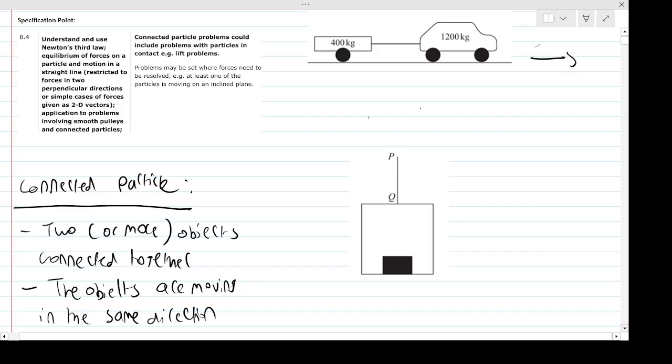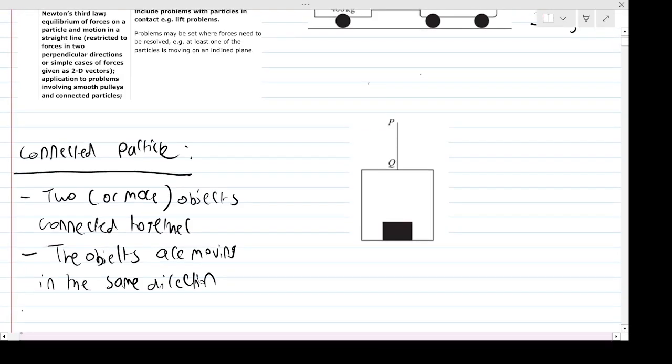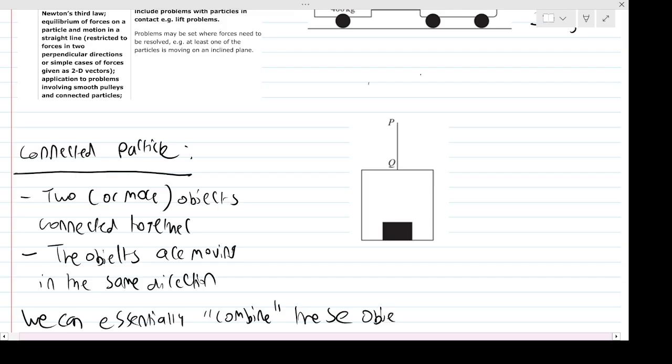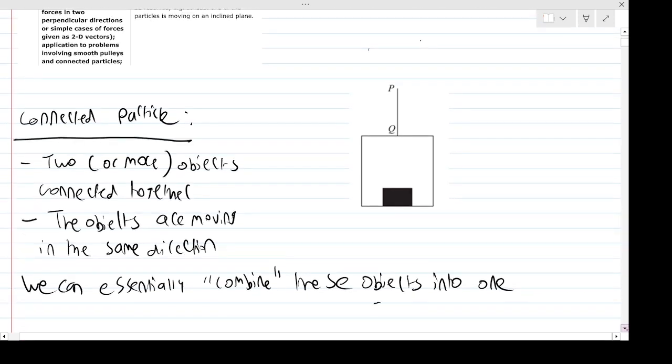So when we've got two objects connected together and they're moving in the same direction, we can effectively combine these objects as one whole object. This is what we call a connected particle.